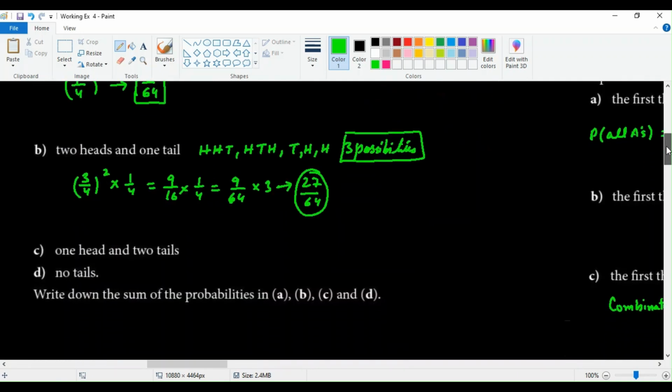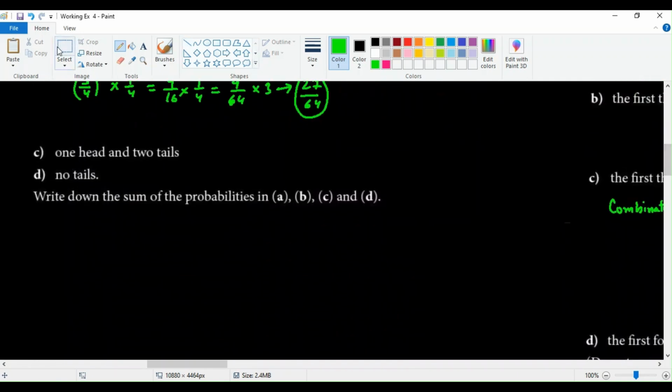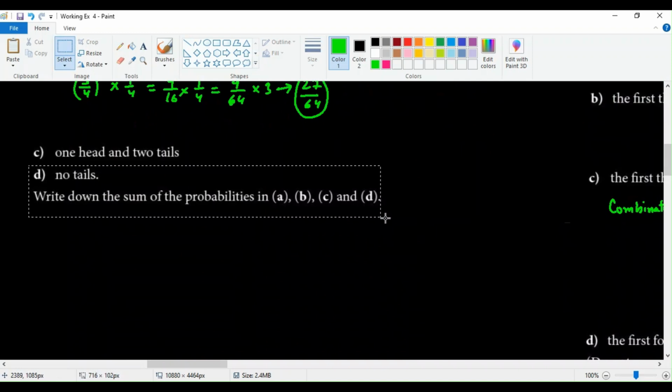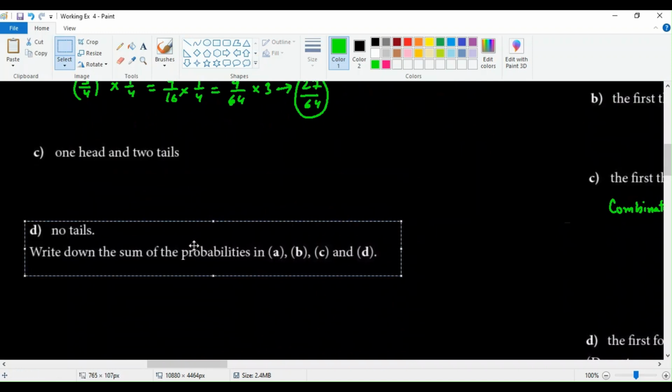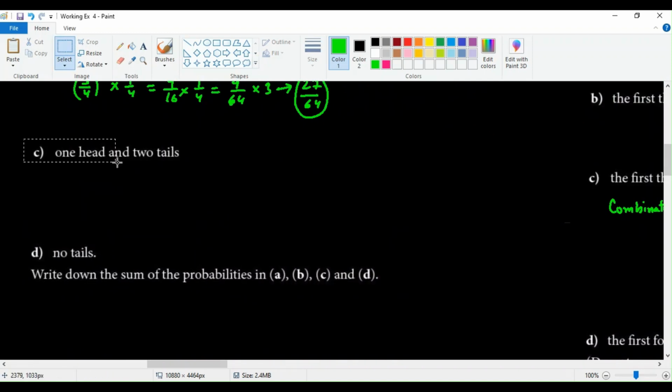Now comes one head and two tails. So in here, I'll bring this up a little. For one head and two tails, it's going to be multiplied by 3 again.